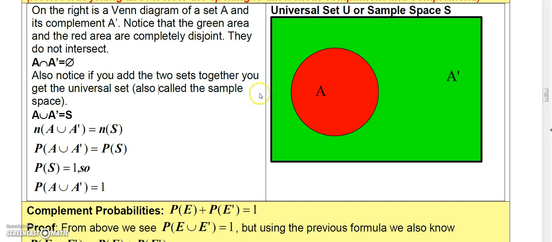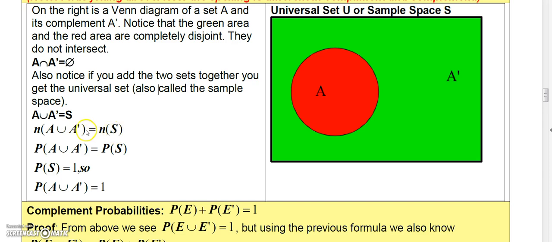First of all, you know that if you intersect the set A with the set A prime, there's obviously no overlap, so that set's empty. And if you were to take the union of those two sets, that would give you the entire sample space, because A prime plus A gives you everything that's in the rectangle. So the number of elements in A union A prime would be the same as the number of elements in the sample space.